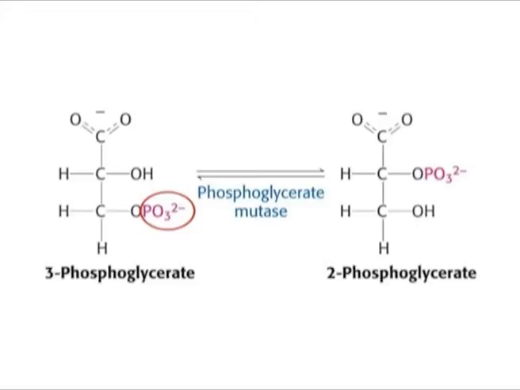The enzyme then removes the phosphate from the 3' position, leaving just the 2' phosphate and thus yielding 2-phosphoglycerate. In this way, the enzyme is also restored to its original phosphorylated state.